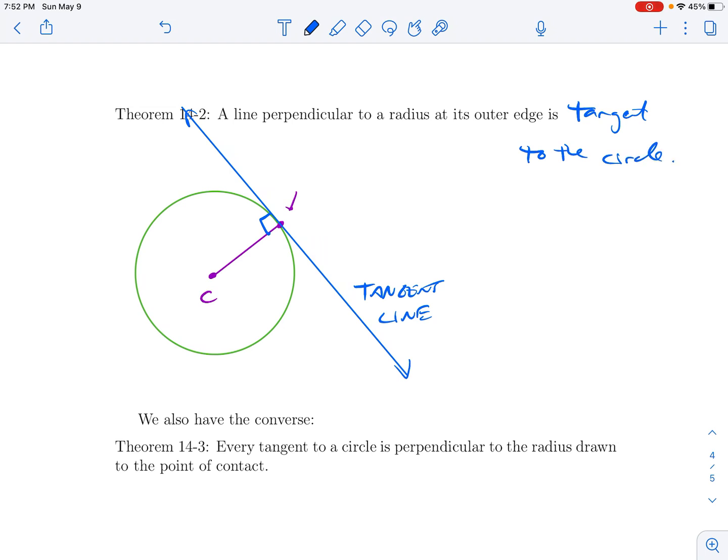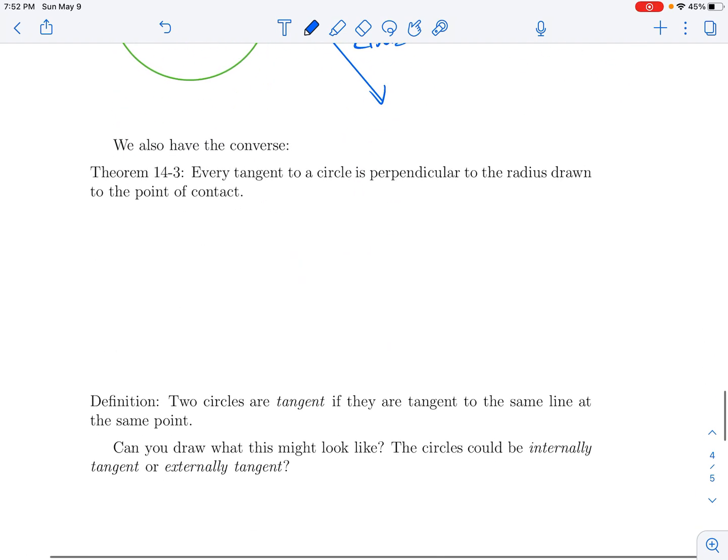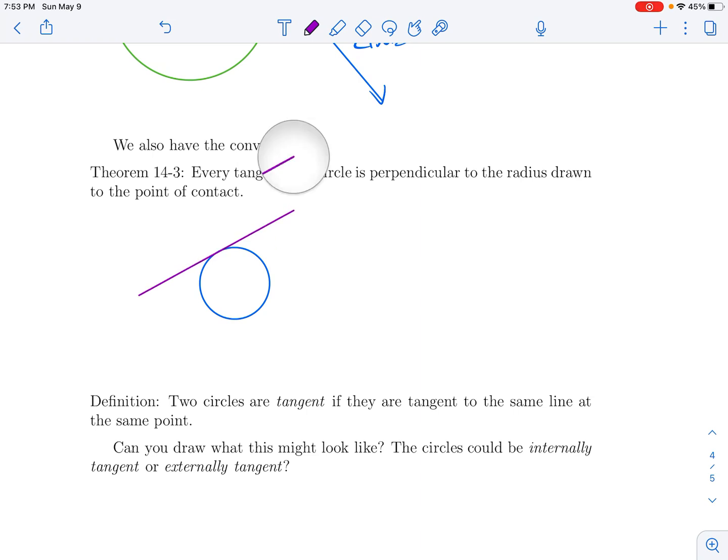And the converse works the other way. So I'll wind up drawing a picture that's almost identical, but we're starting with slightly different information. We also have that every tangent to a circle, so if I start with a tangent line, it says every tangent to a circle is perpendicular to the radius drawn to the point of contact.